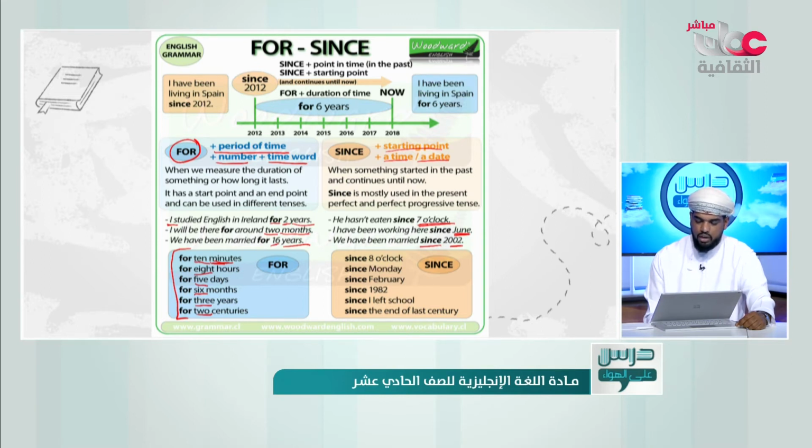So we cannot use for here. And as you see in the examples here: since 8 o'clock, since Monday, since February, the name of the month, since 1982, the date, since I left the school, a starting point, since the end of the last century, also a starting point.